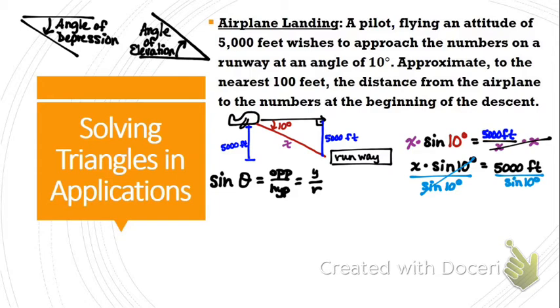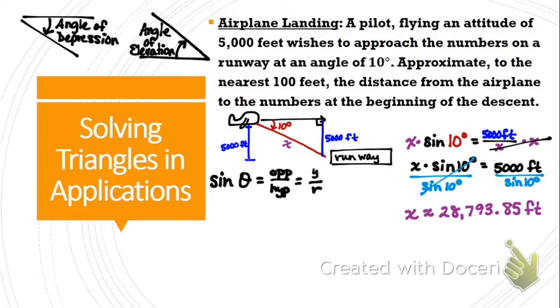What are we getting when we do 5,000 feet divided by the sine of 10 degrees? You said 28,793 point what? 0.85. Would we have units with that? Feet. All right, so let's read the directions, because if they want us to round it, those directions would be up with the text.